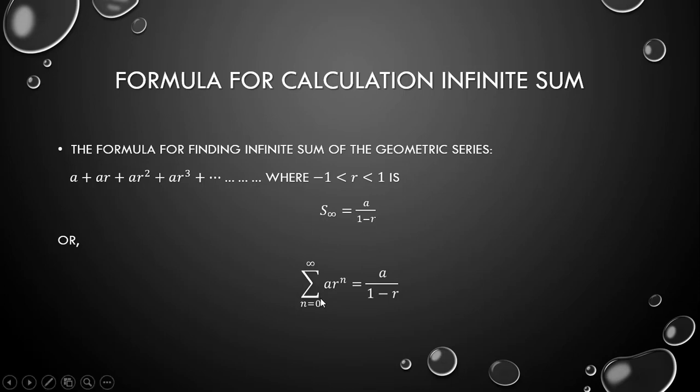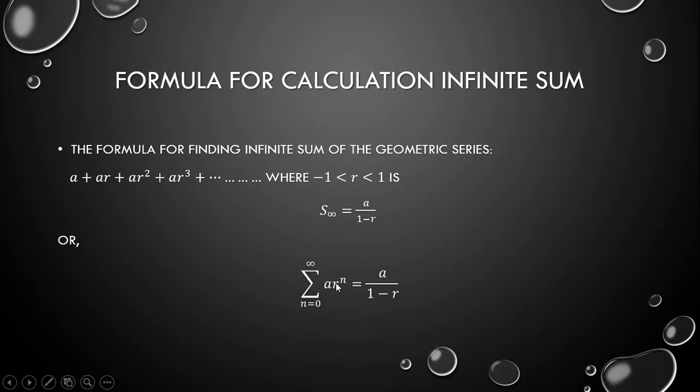This sign is called summation. This is a Greek letter called sigma, the Greek capital letter, the capital form of sigma is like this. It stands for summation. Wherever you see this term, you will understand that this means a summation of this type of terms, where the values of n vary from 0 to infinity.